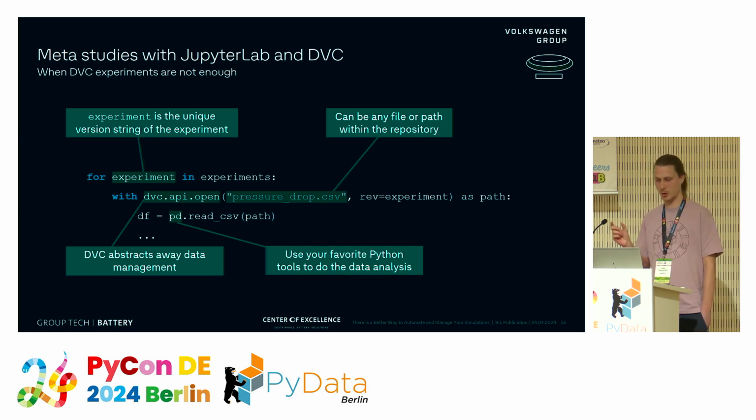And we can open that as a path object and then put it into pandas or all our favorite tools. And DVC abstracts away all the data management. So it doesn't matter if it's on our local workspace, if it's on the DVC remote in the cloud, or in some cache in between. DVC will give us the path object, download the file, we can analyze it, and it's very handy, and we don't have to care about the data management.